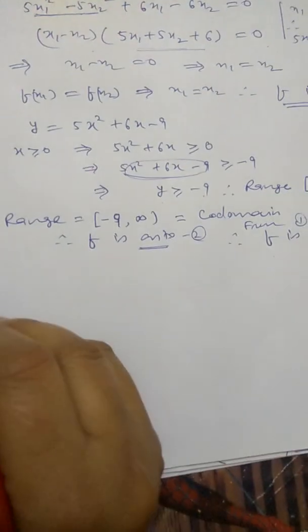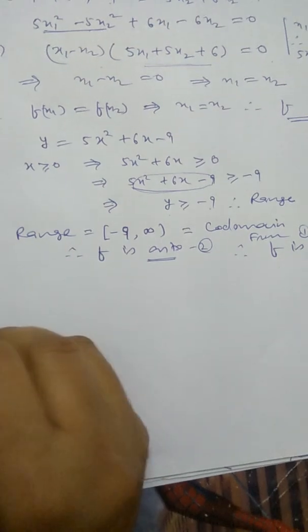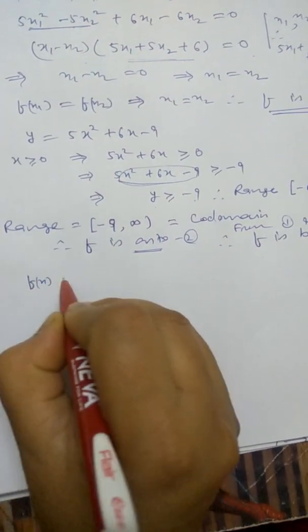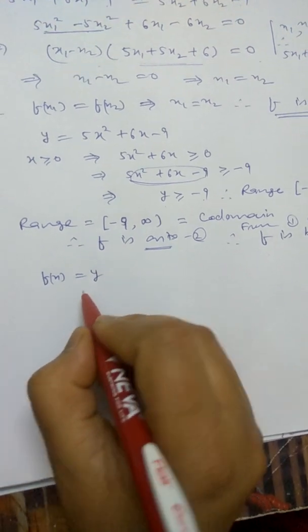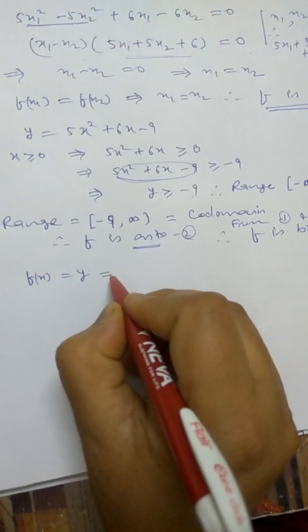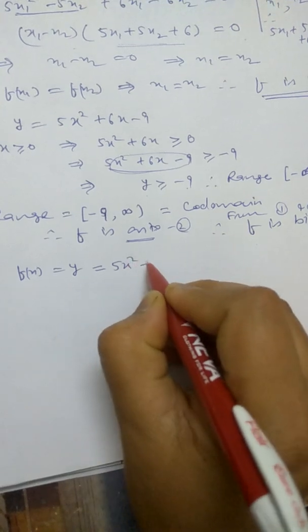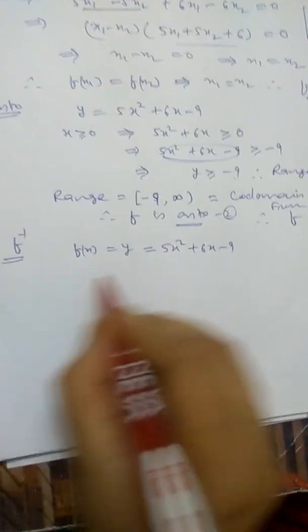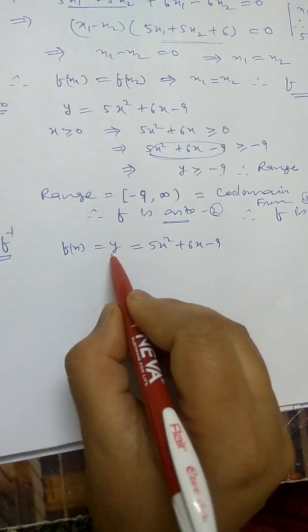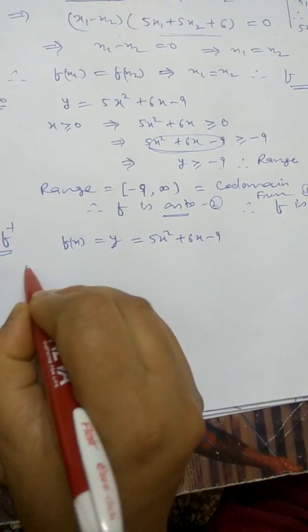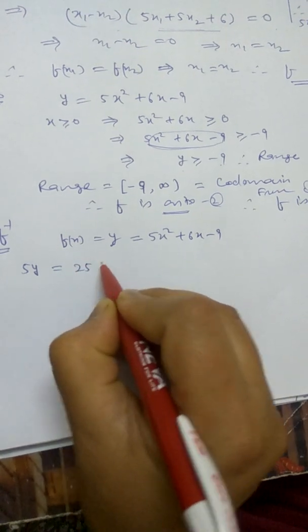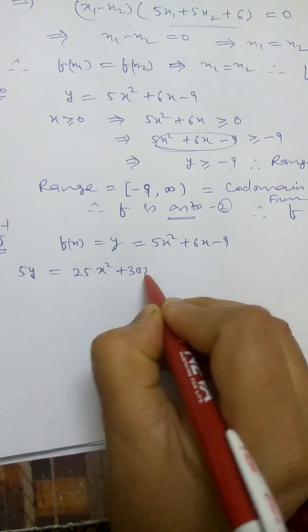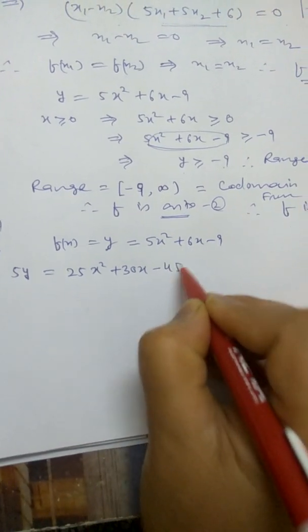To find f inverse, f(x) = y. That means we have 5x² + 6x - 9 = y. Multiplying by 5, 5y = 25x² + 30x - 45.